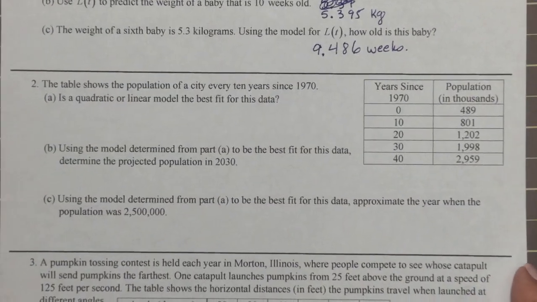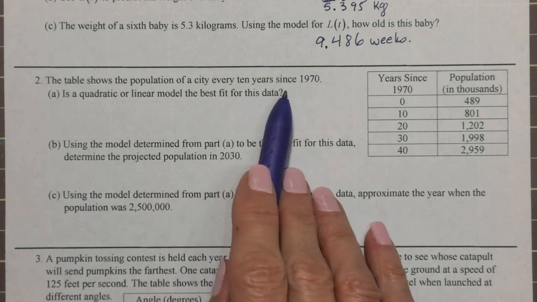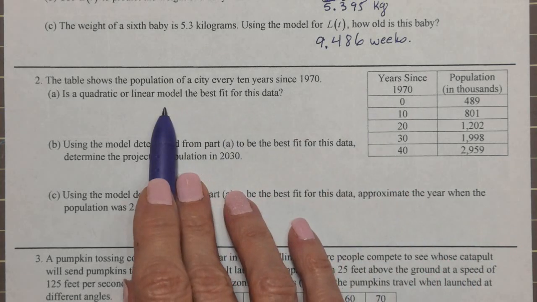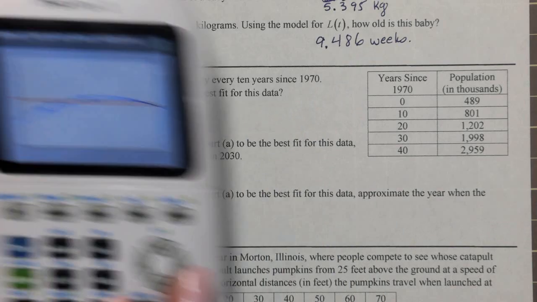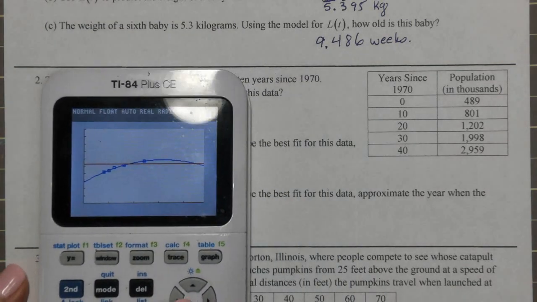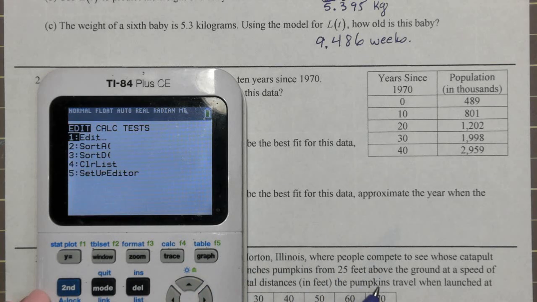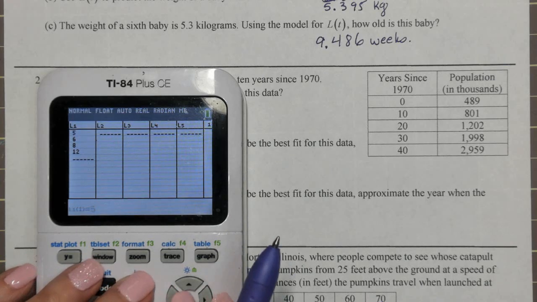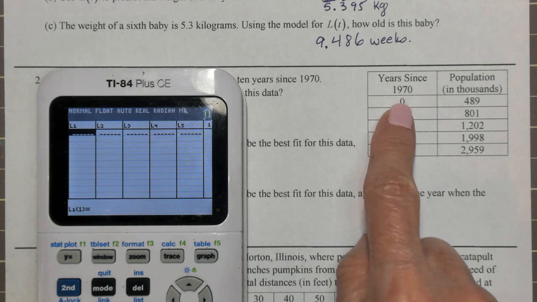Let's take a look at number 2 here. Number 2 shows the population of a city every 10 years since 1970. Is a quadratic or linear model the best fit for this data? Well, let's find out. We're going to put new data in. So I go to Stat, Edit, clear out what's there by pushing Delete on my list, put in our new data.